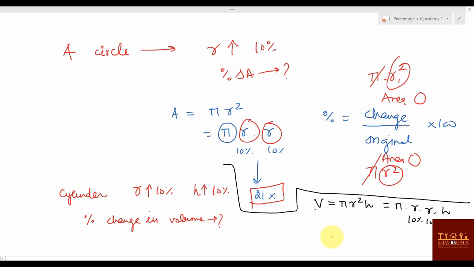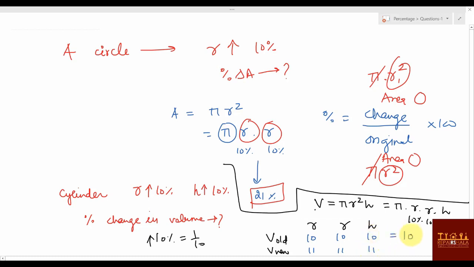If this is L, this is B, and this is H, not LBH, it should be R, R, H, volume old, volume new. This 10% is 1 by 10, increment means 10 will become 11, yes or no? So 10 will become 11, 10 will become 11, 10 will become 11.